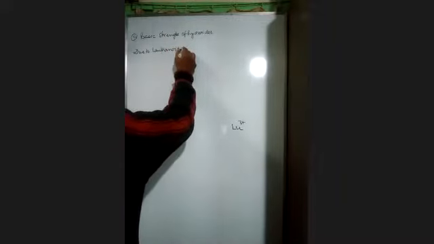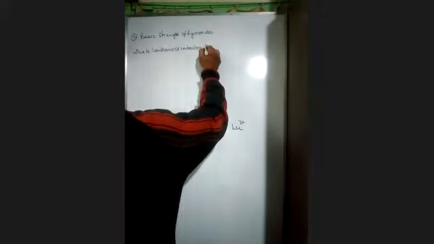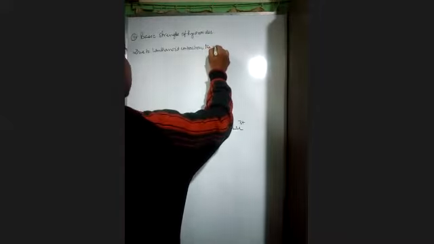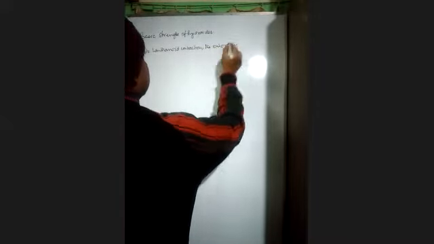Right now here. Due to lanthanoid contraction, the ionic radii of Ln3 plus ions decrease from Ce3 plus to Lu3 plus.